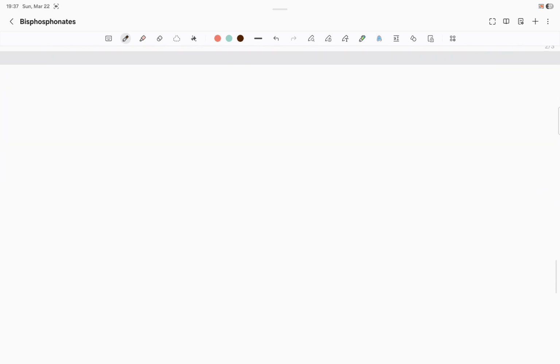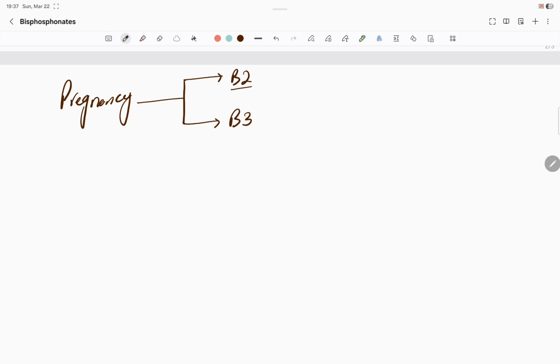There is another important consideration, that is of pregnancy. Well, in pregnancy we have to divide all the drugs including bisphosphonates into two groups. Number one, having the category B2 and the other one carrying the category B3. In B2 we have just one name, that is Tiludronate.